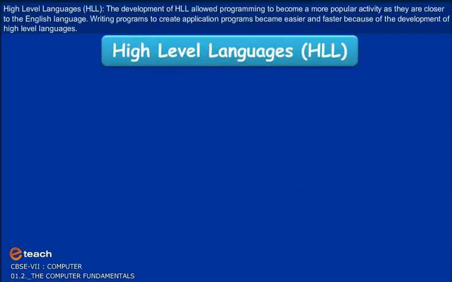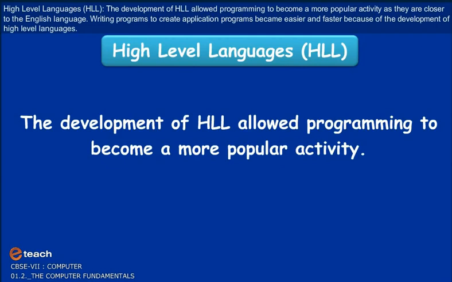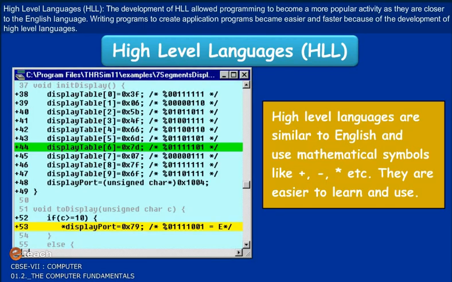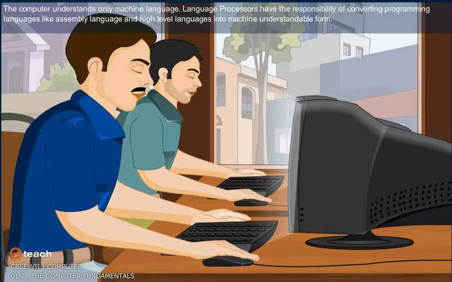High-level languages, that is, HLL. The development of HLL allowed programming to become a more popular activity as they are closer to the English language. Writing programs to create application programs became easier and faster because of the development of high-level languages. The computer understands only machine language.